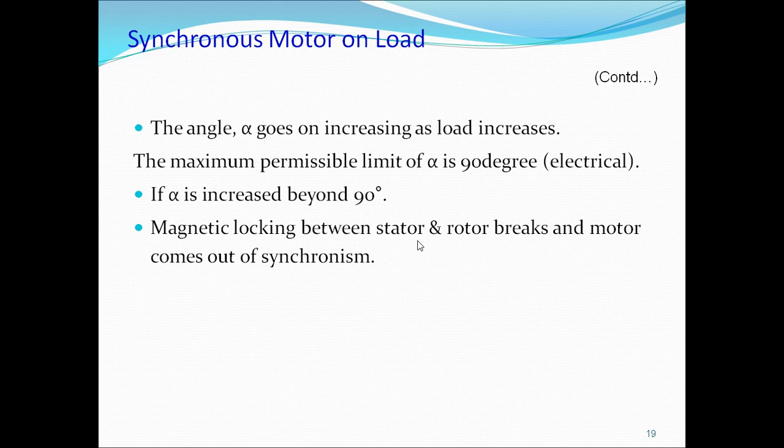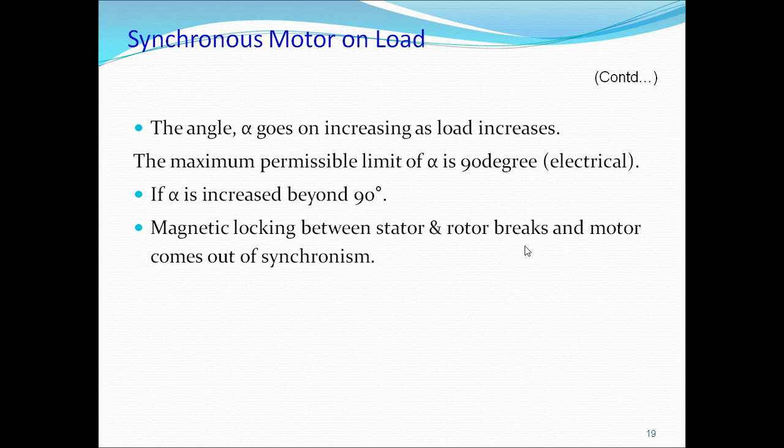When it goes beyond 90 degrees, then the magnetic locking between the stator and the rotor poles breaks and the motor comes out of synchronism. That means if the angle alpha increases beyond 90 degrees, the magnetic locking between the stator and the rotor poles breaks and the motor comes out of synchronism.